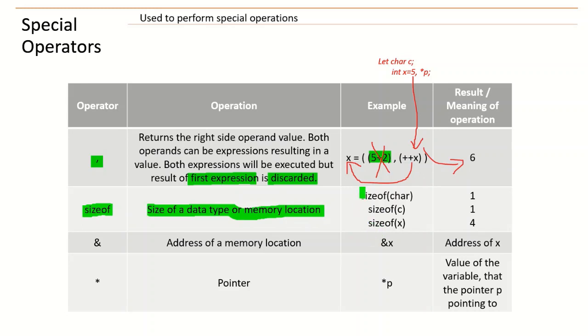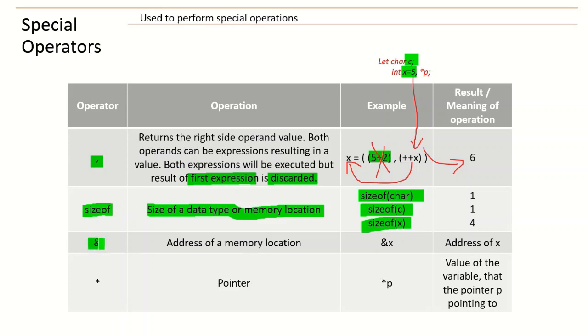If we write sizeof(char), it will return 1 because the size of a character is 1 byte. sizeof(c), here c is declared as a character type, so sizeof(c) has the same meaning as sizeof(char), so it will also return 1. Next is sizeof(x). x is an integer type, so the result will be equal to 4. That means 4 bytes are used for storing an integer variable.